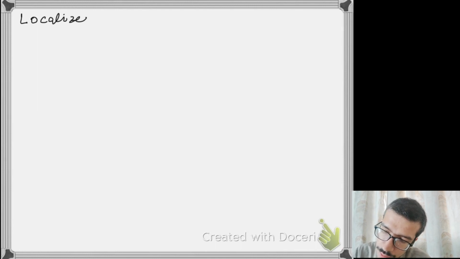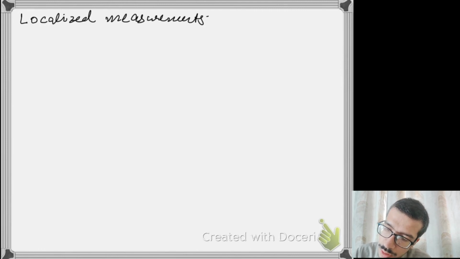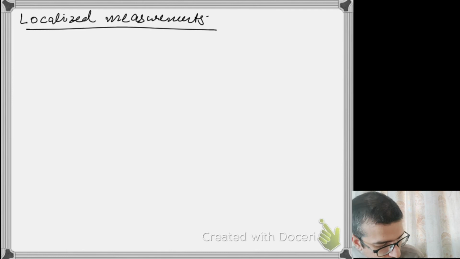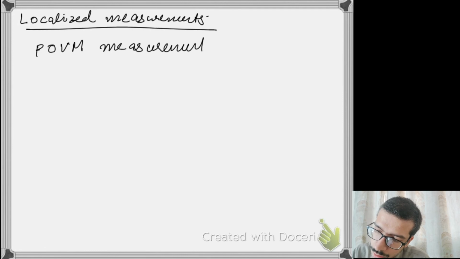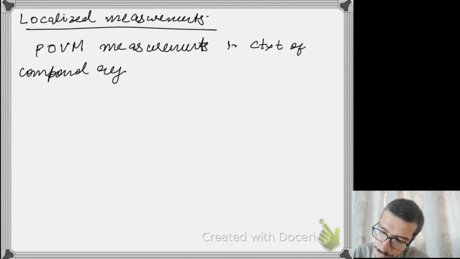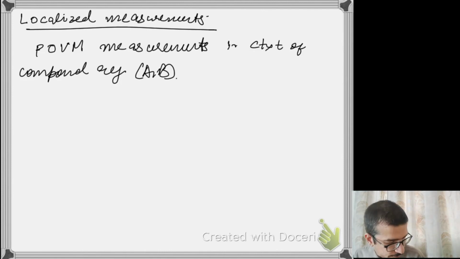Now we come to the notion of localized measurements. What does it mean to have POVM measurements in the context of compound register A, B?